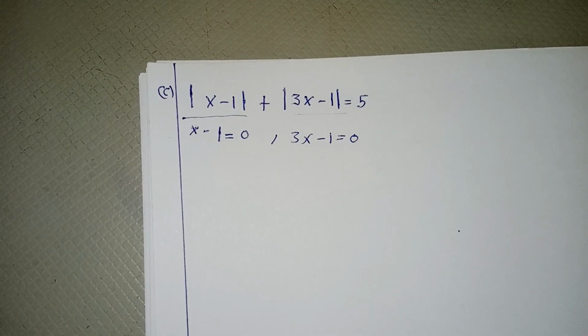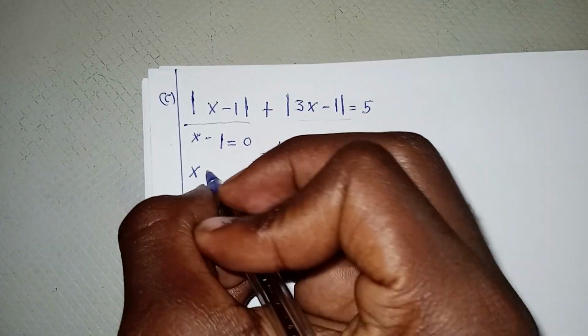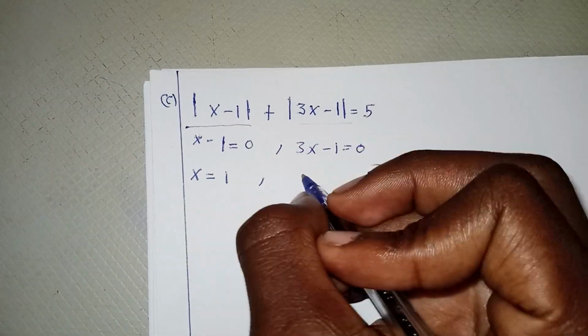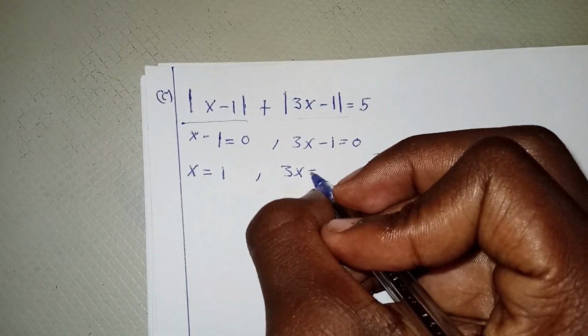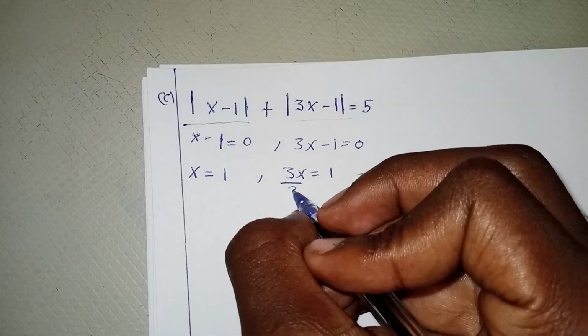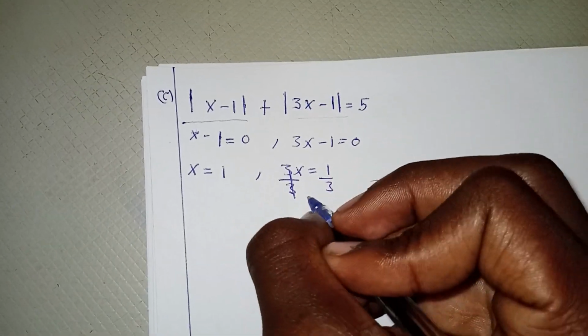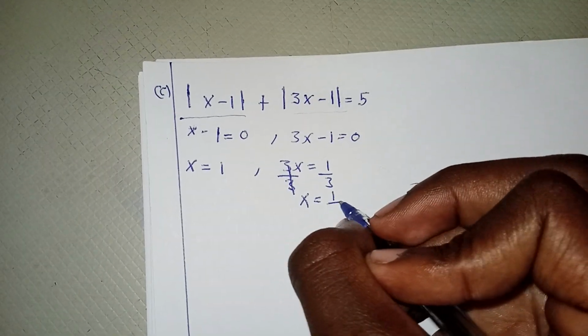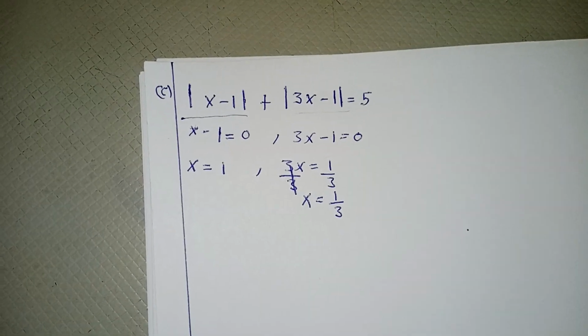Then you're going to have x equal to 1, 3x equal to 1, over 3 over 3. Therefore, you will get to have 1 over 3, like this.